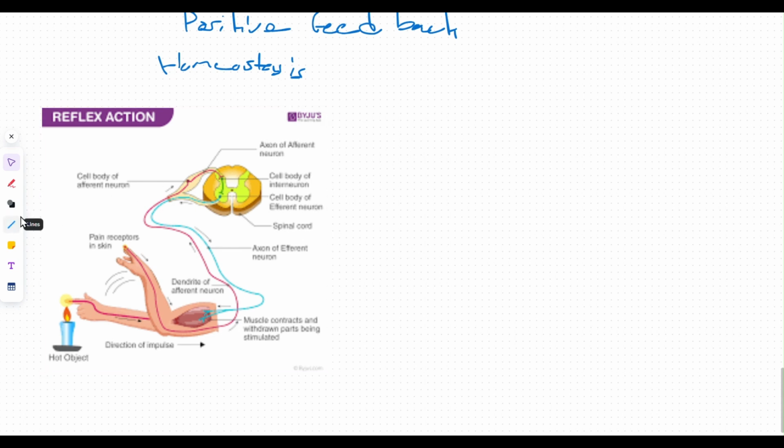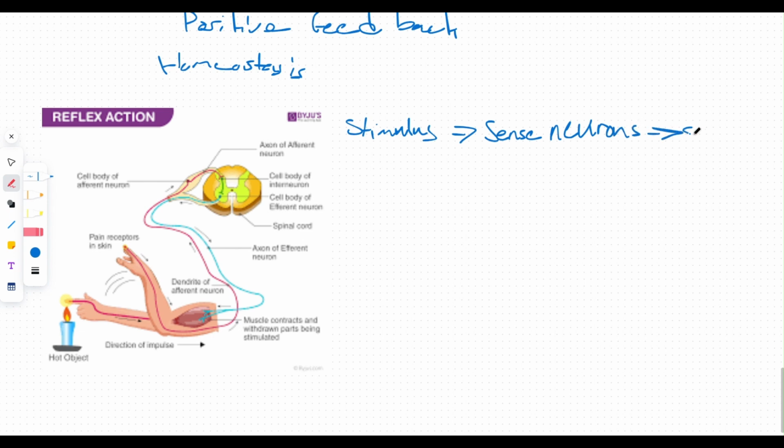So let me show you what this is. What happens? Stimulus, as in the hot object. In this case, it's the hot object. Sensory neurons sense it, and then it goes to the spinal cord. This is very important: it skips the brain.